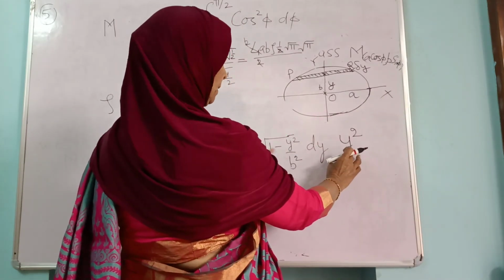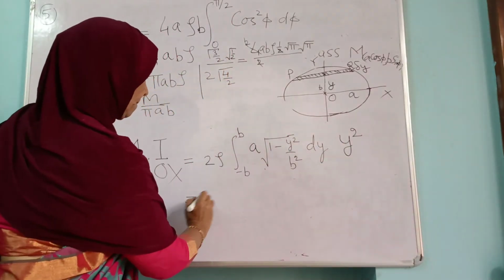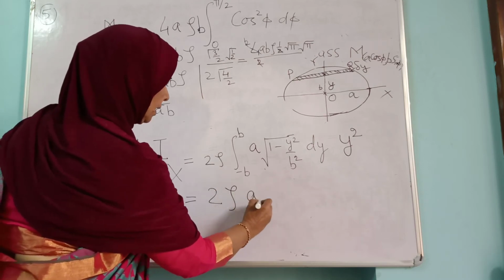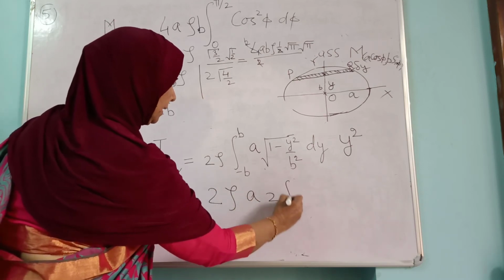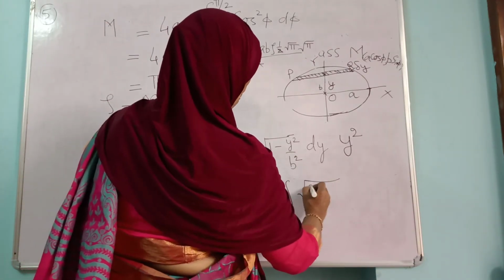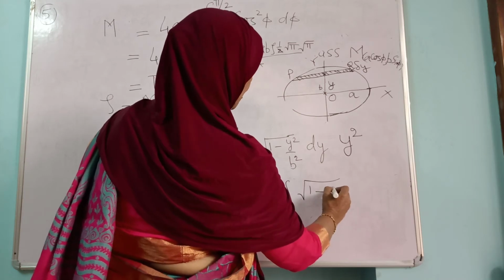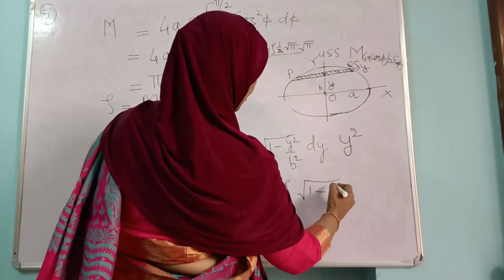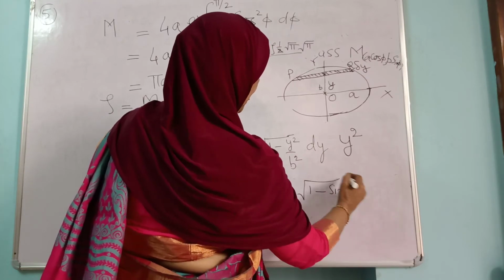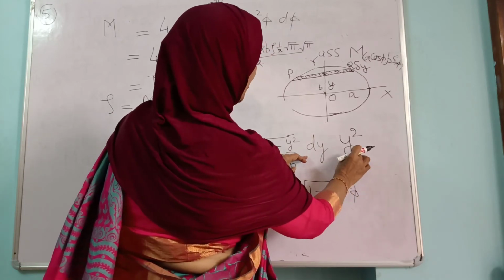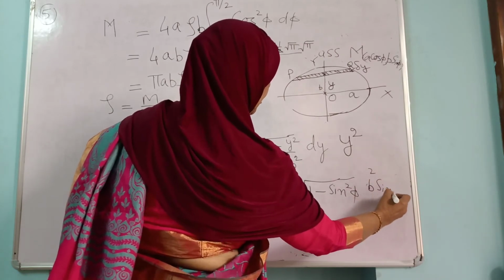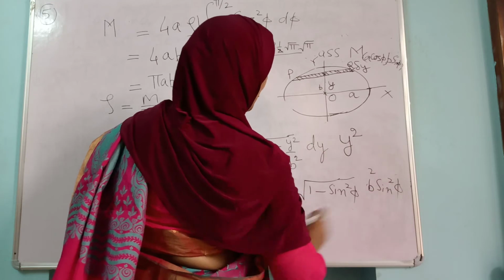So here you will substitute 2 rho a 2 and then under root 1 minus sin square phi, and then y square, that is b square sin square phi, and then dy.